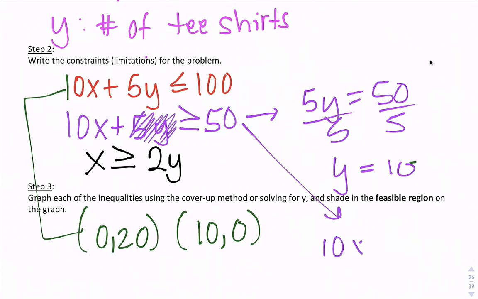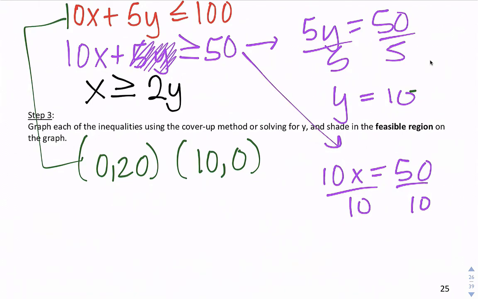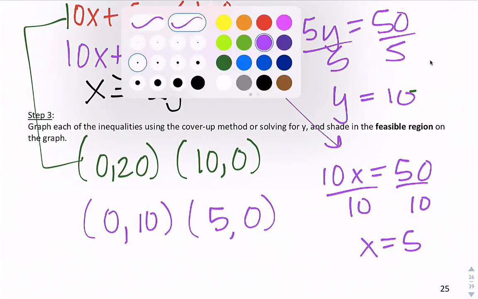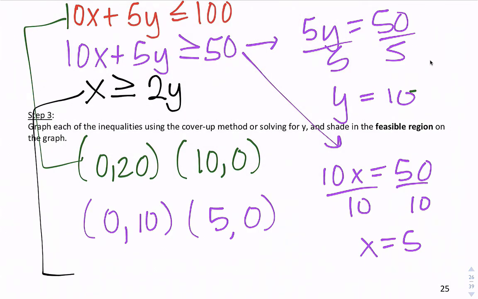So if we have 10x equals 50, so if y is 0, we divide by 10, and we get x equals 5. Okay, so we have 2 points here. The first one was (0, 10), and the second one is (5, 0). Okay, and then the last one, if we are to graph it, I'm just going to get y by itself here.